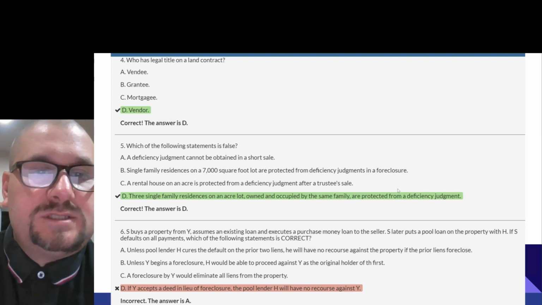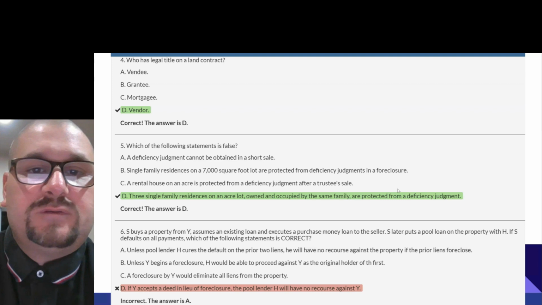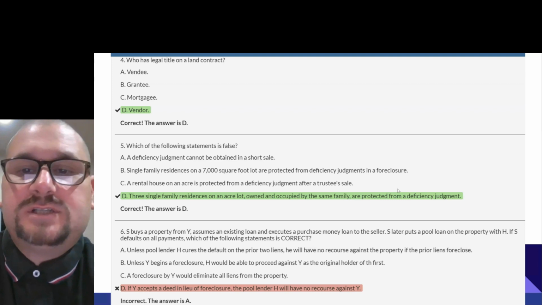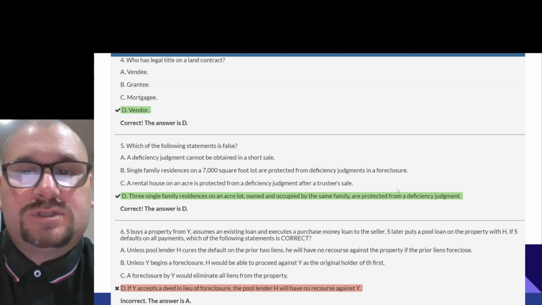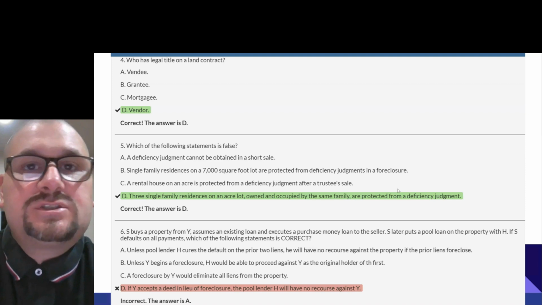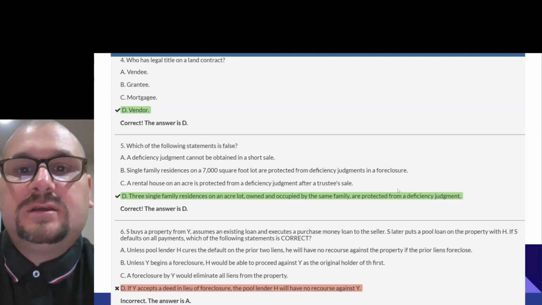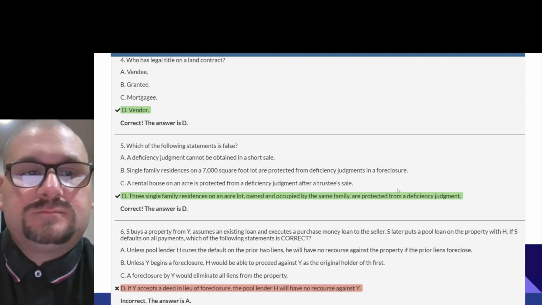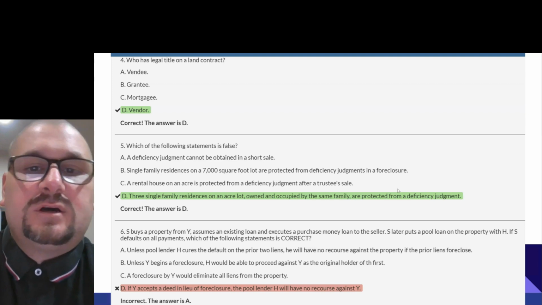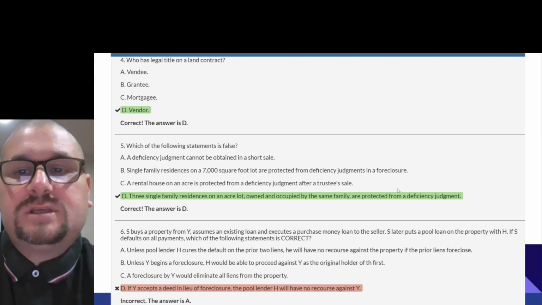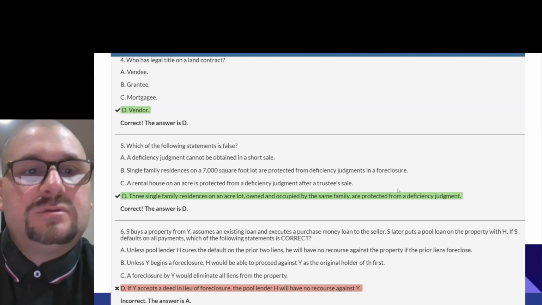Single-family residences on a 7,000 square foot lot are protected from deficiency judgments in a foreclosure. So this is true.